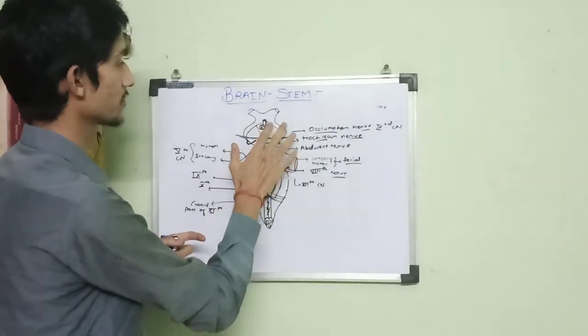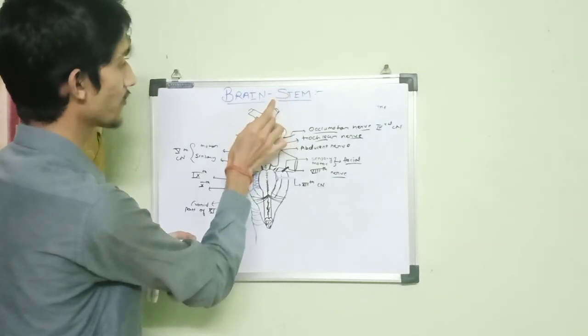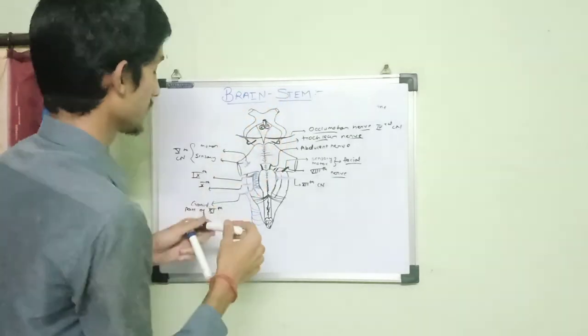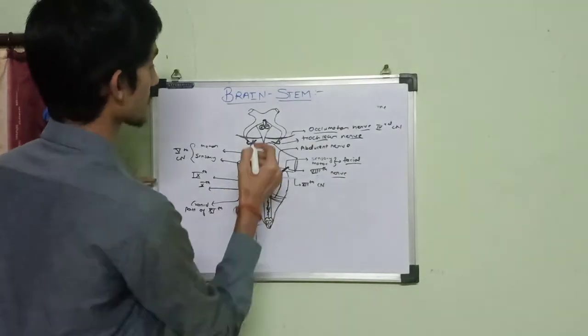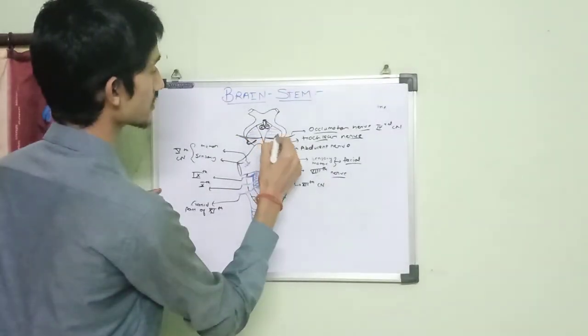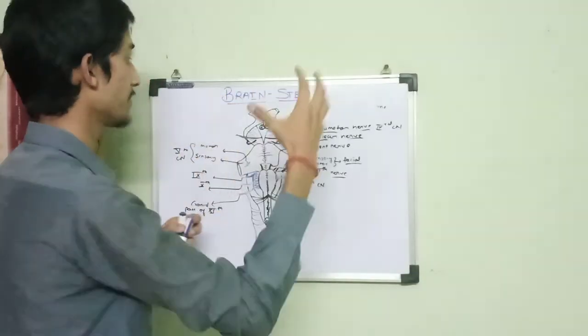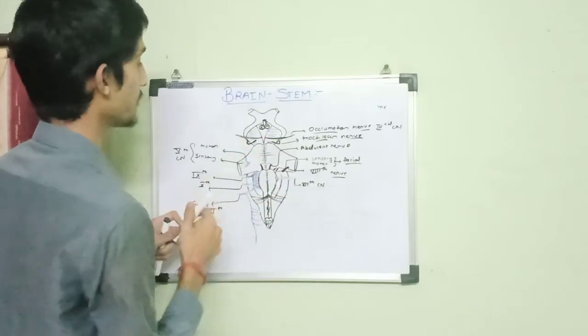This is the midbrain. The midbrain has the optic nerve coming and forming the optic chiasma. This is the crus cerebri, or the cerebral peduncles. As I said, the cerebral peduncles connect the cerebrum with the midbrain.